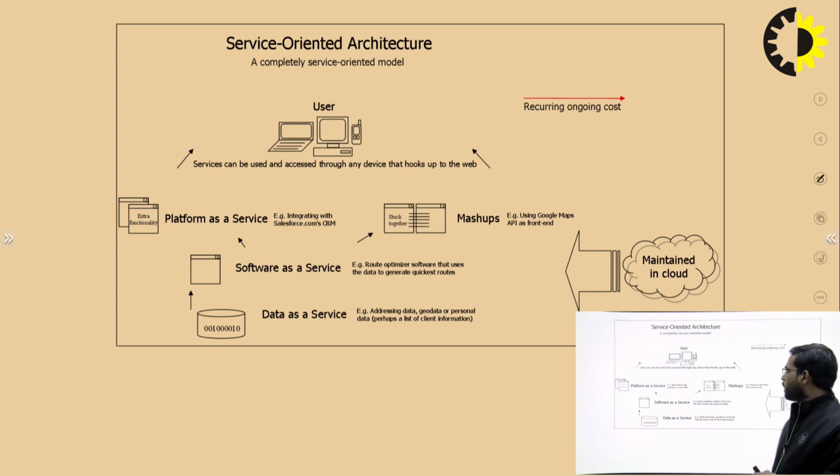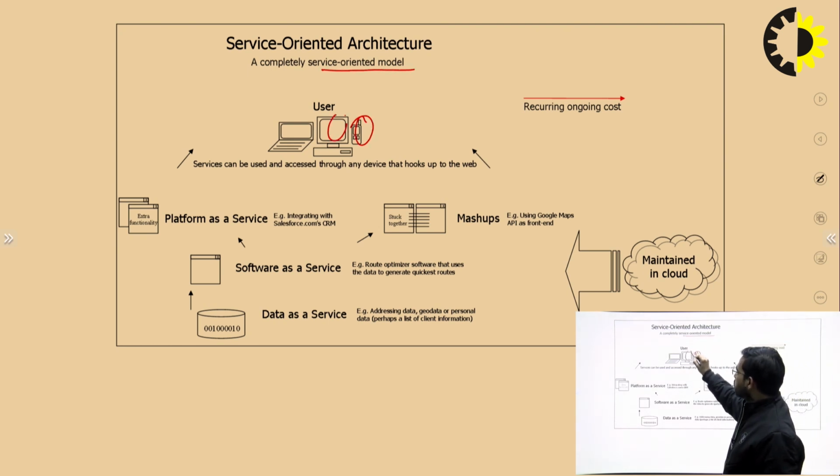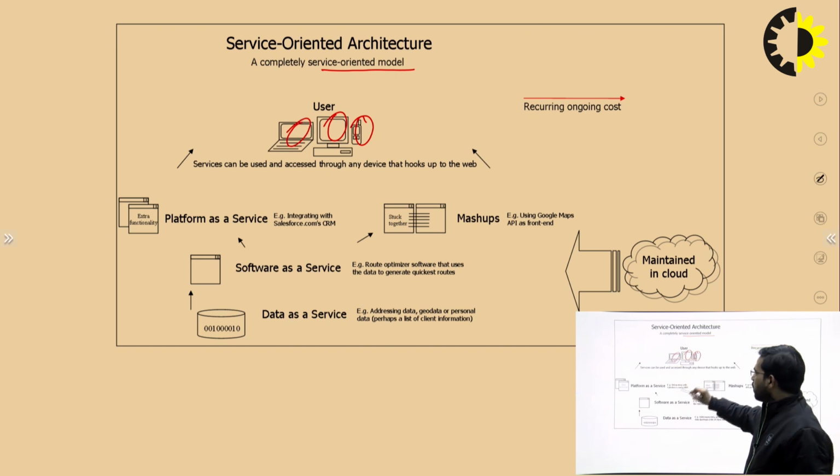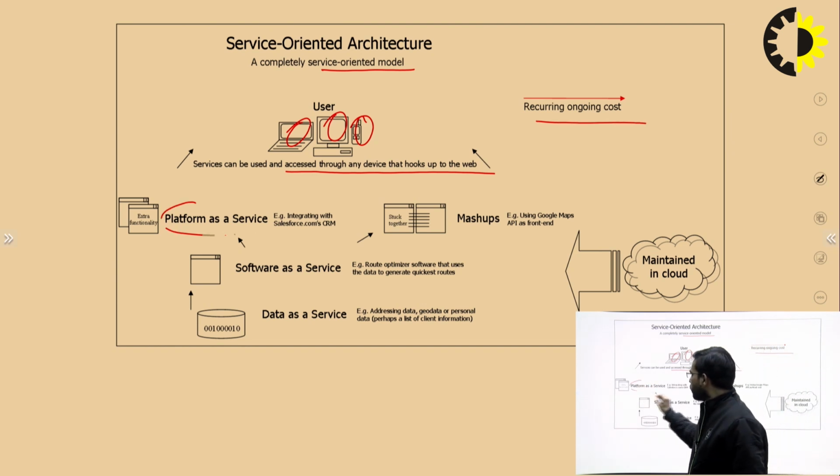That is the diagram of the service oriented architecture, a completely service oriented model. Here the user may be using a phone, a PC or a laptop, so services can be used and accessed from any device that hooks up to the web. There is a recurring ongoing cost, as we are using platform as a service.